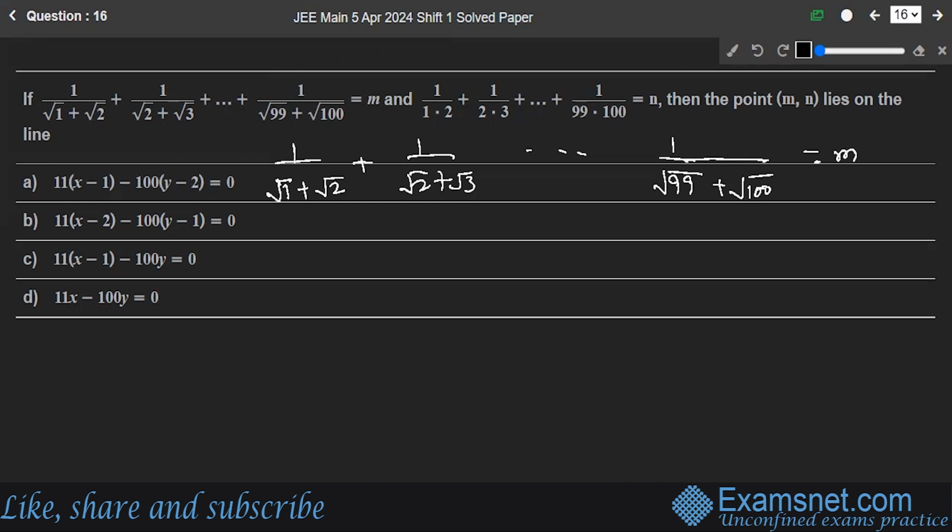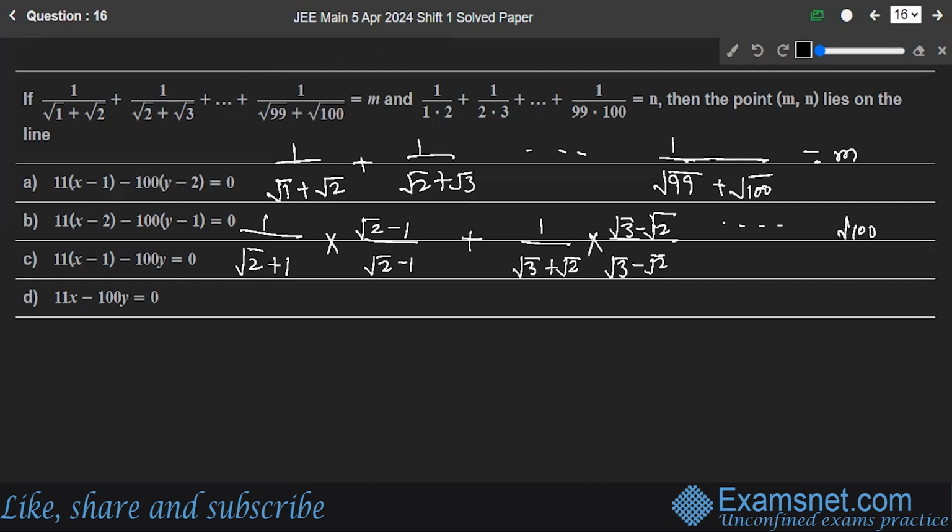Okay, let's do one thing. Let's rationalize the denominator. So you have root 2 minus root 1 upon root 2 square minus 1, plus 1 upon root 3 plus root 2, into root 3 minus root 2 upon root 3 minus root 2, and so on till root 100 minus root 99, multiplying by root 100 minus root 99.